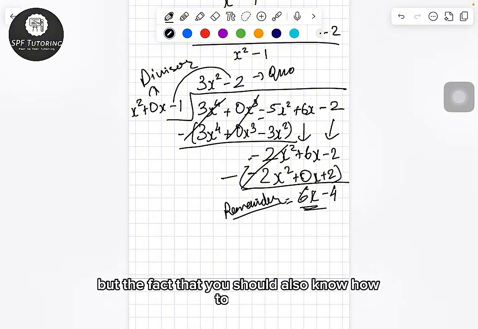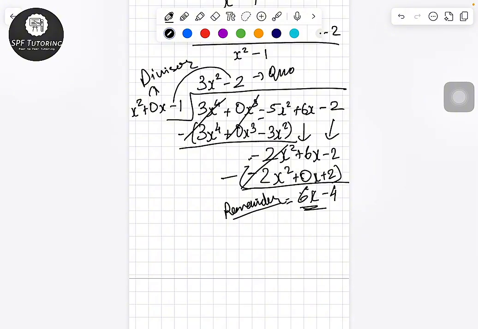But you should also know how to write the final statement. You'll be like, what's the final statement? Or you could say, write a long division statement. Or you would say a division statement, if that term is used or not.